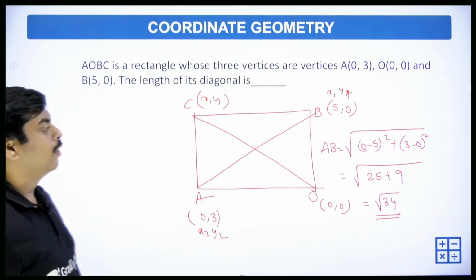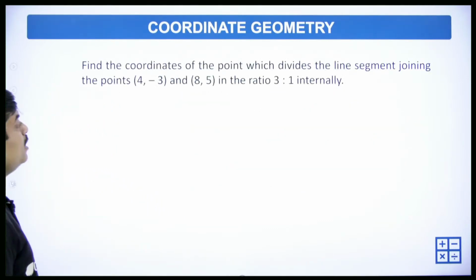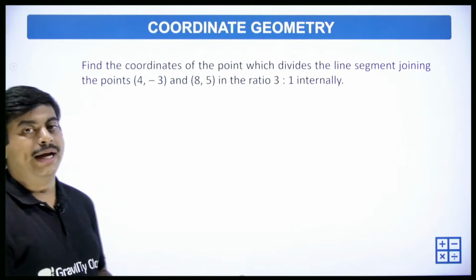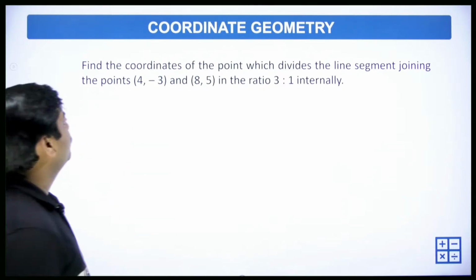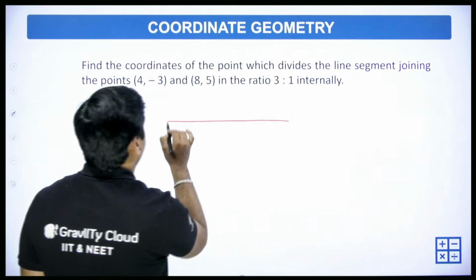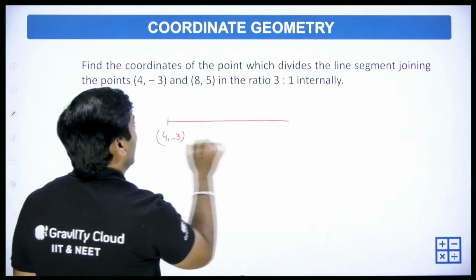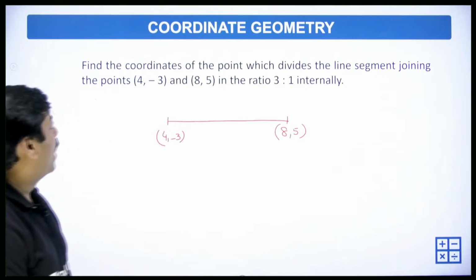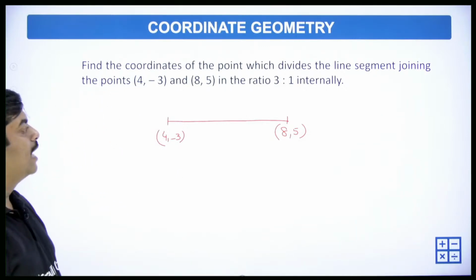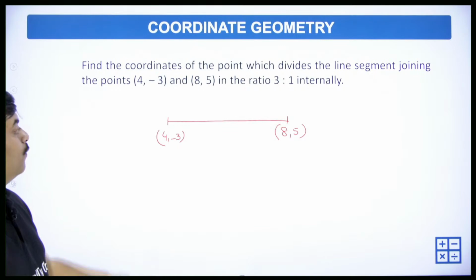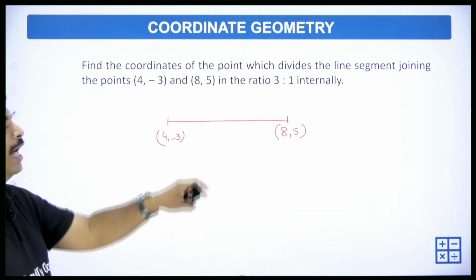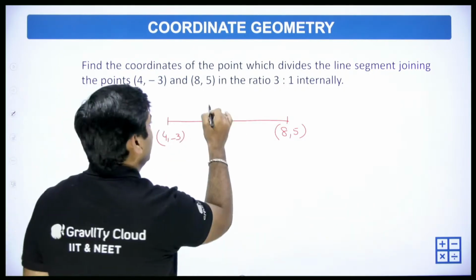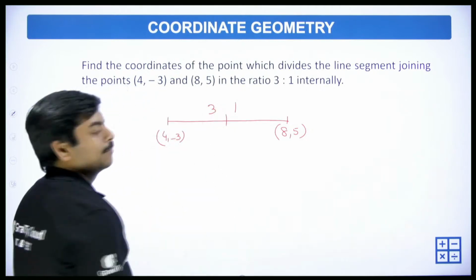Moving forward to the next question. Find the coordinates of the point which divides the line segment joining the points (4, minus 3) and (8, 5) in the ratio 3:1.